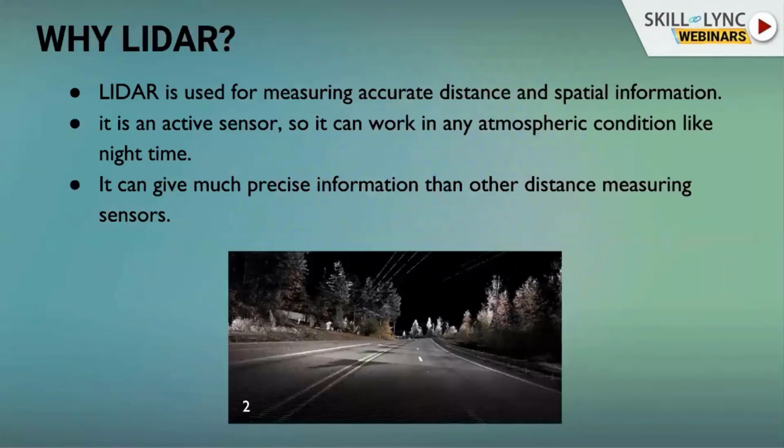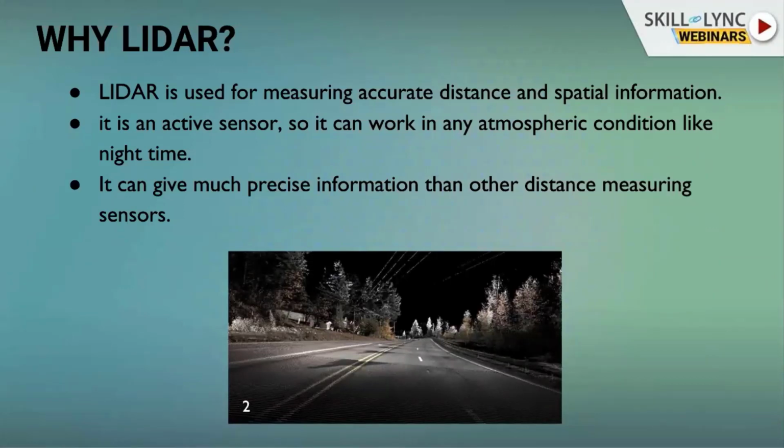So the next slide is why LiDAR. I think in the current industry, everybody knows about self-driving cars, and they are using LiDAR, camera and radar sensors. But mostly I will focus here on why they are using LiDAR. LiDAR actually gives much more accurate depth information.